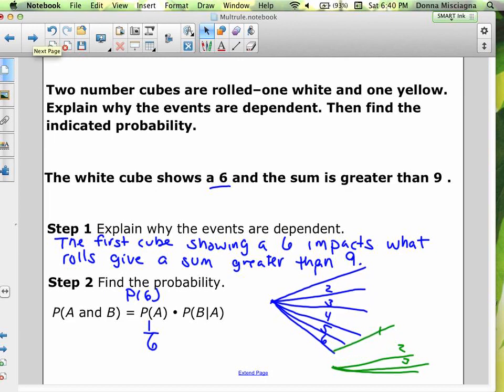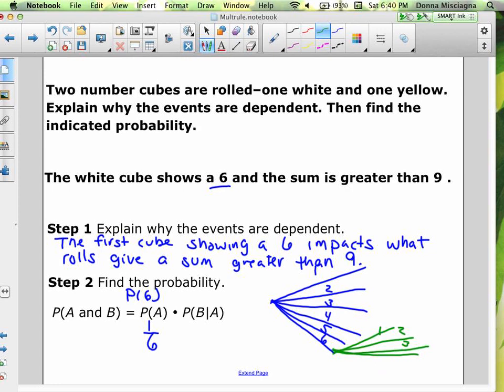My picture drawing leaves a little bit to be desired. There we go. But 4 will work. And 5 will work. And 6 will work. So we have 3 options, right?